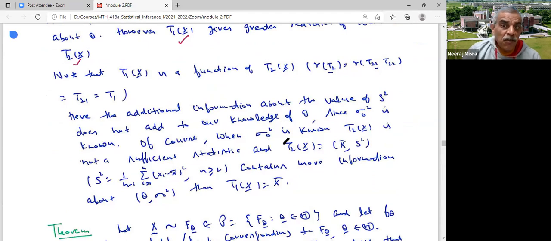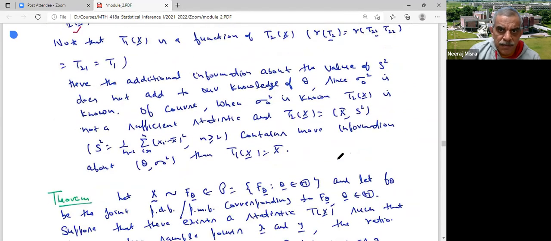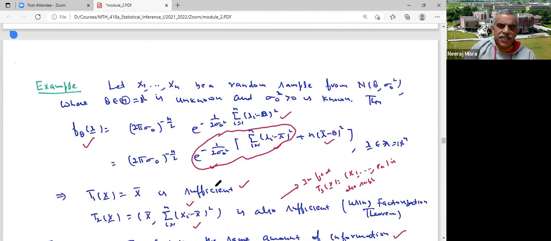Of course, when sigma naught square is unknown, then T(x), which is only x bar, is not sufficient.